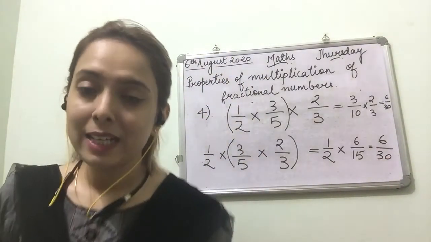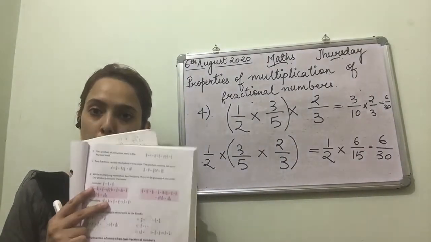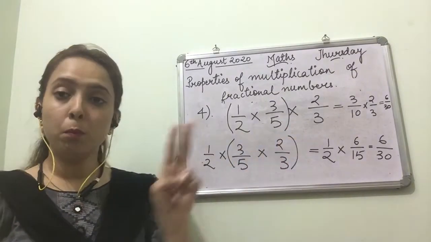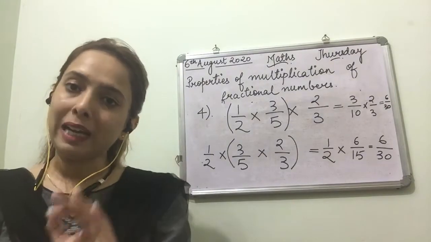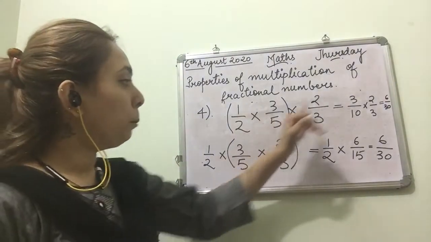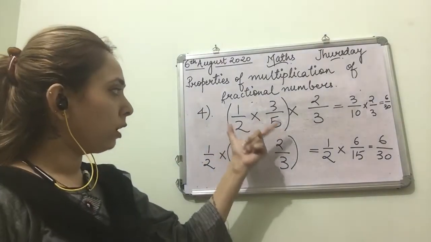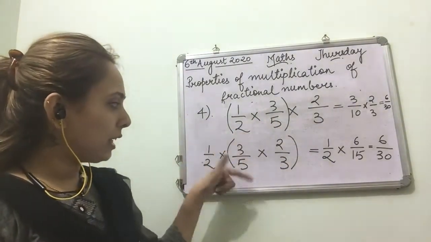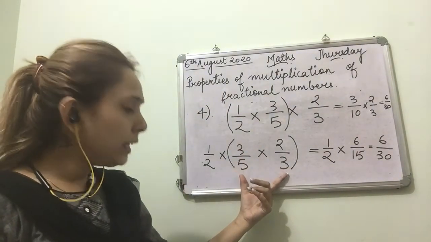So it clearly says that property number 4, which is given to you in your book, says that while multiplying more than two fractions, they can be grouped in any order. The product will remain the same. Here I have grouped these two fractions first, and in the second method I have grouped these two fractions.